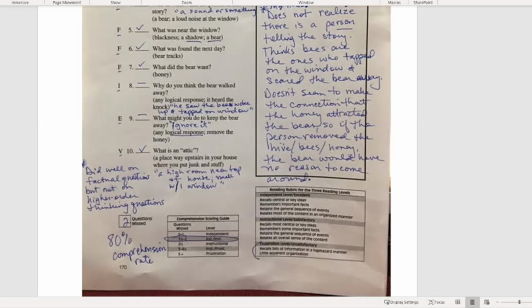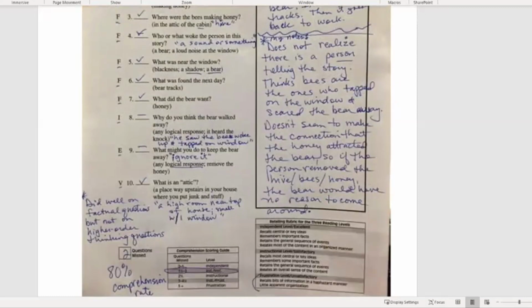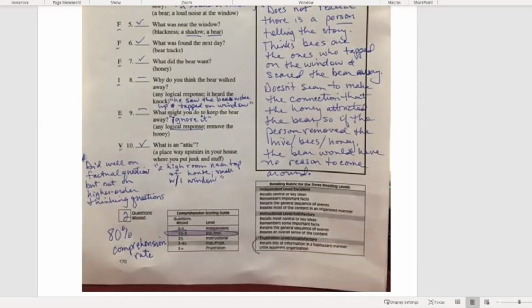But you definitely wouldn't want her trying to read this level of text all on her own. It's obviously a little too difficult at this point. That's what I put on here, and these are the kinds of things you would do as you analyze this type of text.